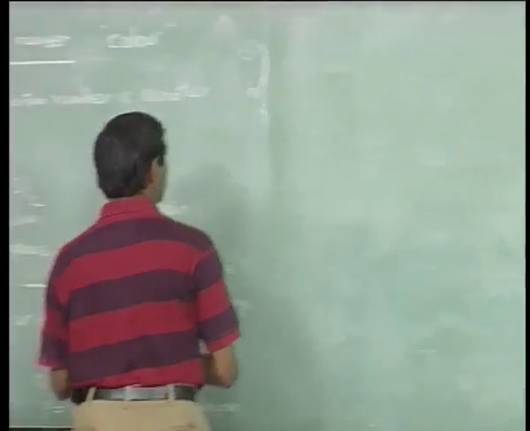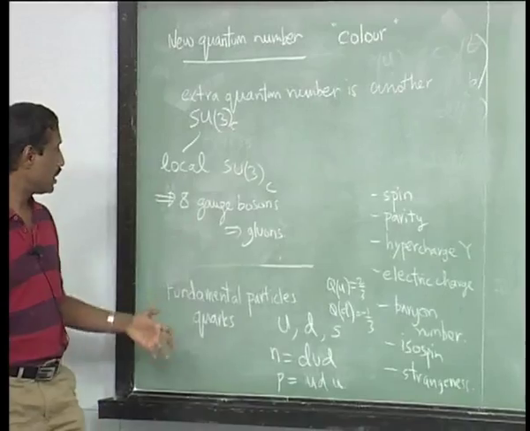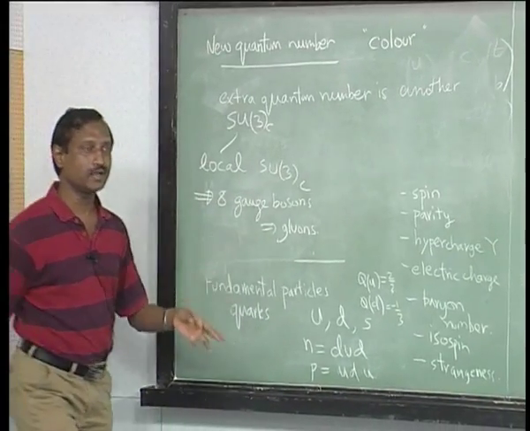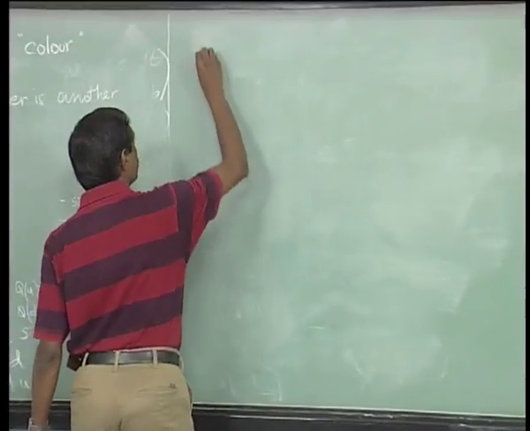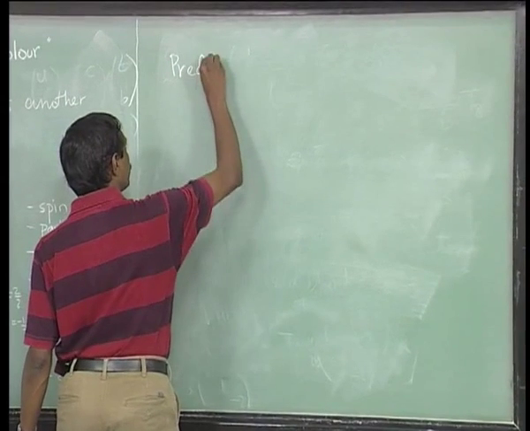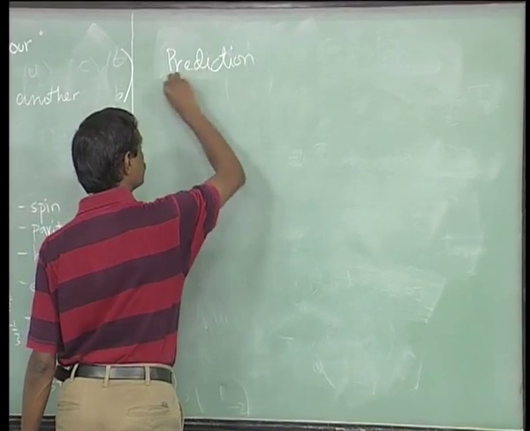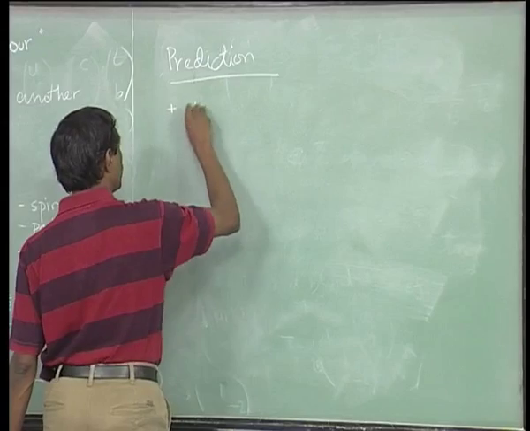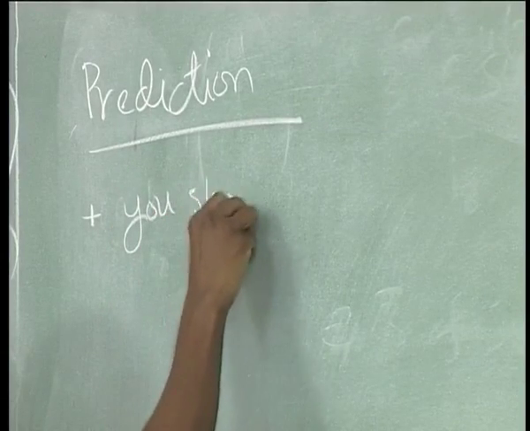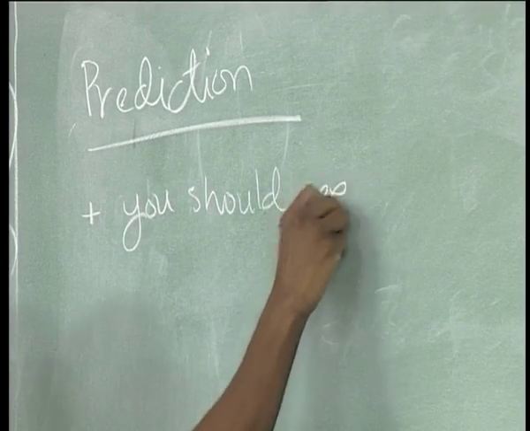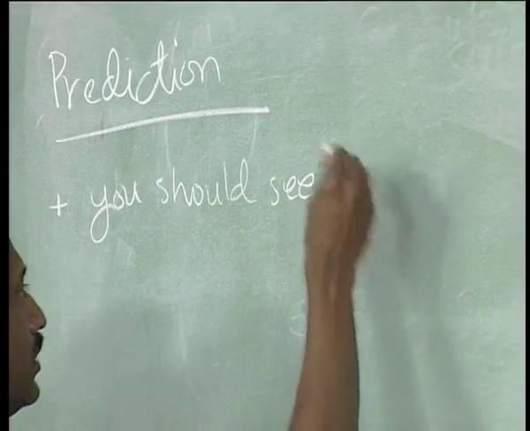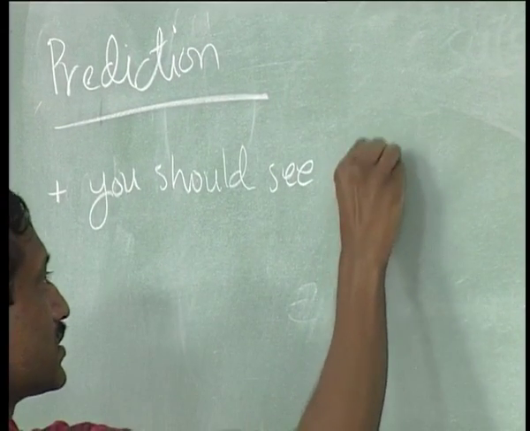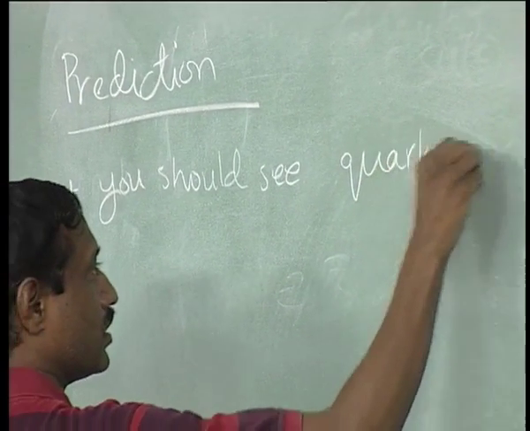So if you combine all these, the idea of the quark model plus the idea of having color, the prediction is that we should see quarks, at least 3 quarks, and gluons.